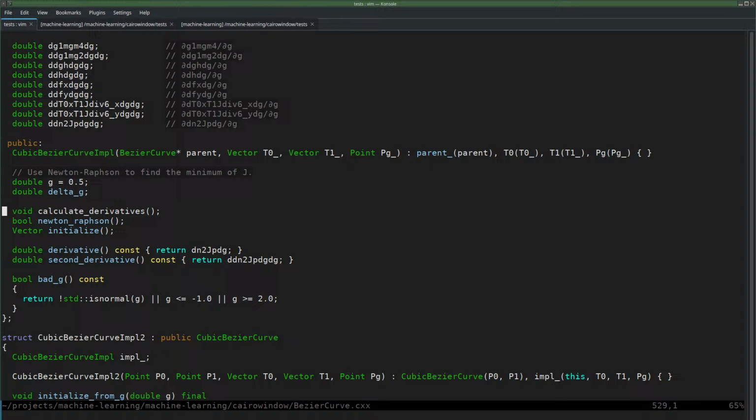Let's remove the G from here. These things are not public, so that's a red flag, isn't it?